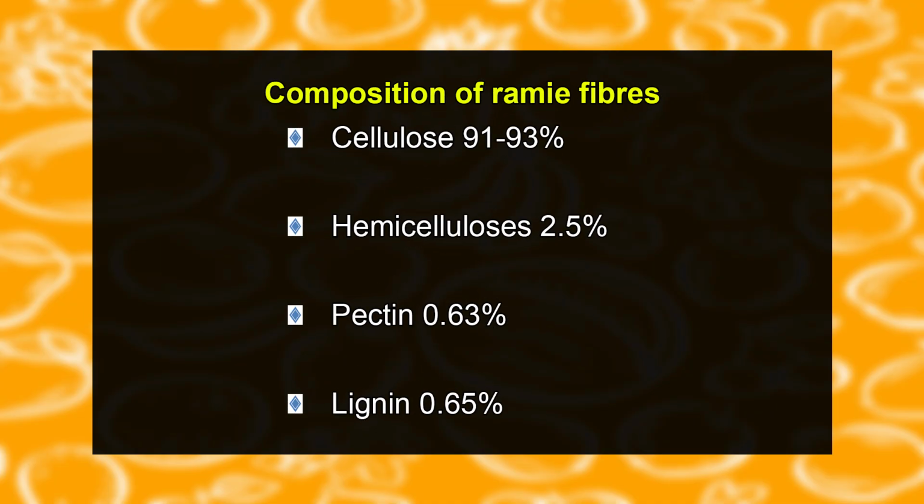The composition of rami fibers is cellulose 91 to 93%, hemicelluloses 2.5%, pectin 0.63%, and lignin 0.65%.